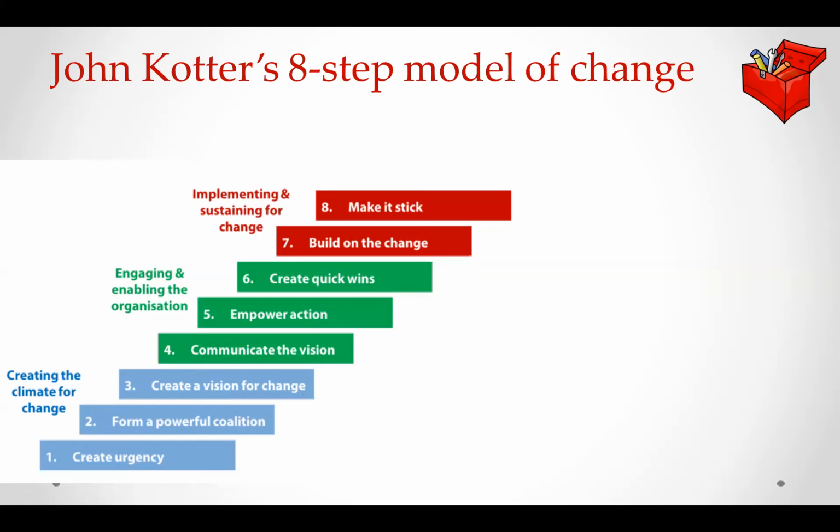And Kotter's model, whether consciously or unconsciously, seems to capture that particular 3-stage categorization. So the first one, which is the bottom half of the 3 stages: create urgency, form a powerful coalition, create a vision for change, also called creating the climate for change, is analogous to the unfreezing stage, where we said you need to disconfirm the status quo and also provide psychological safety.